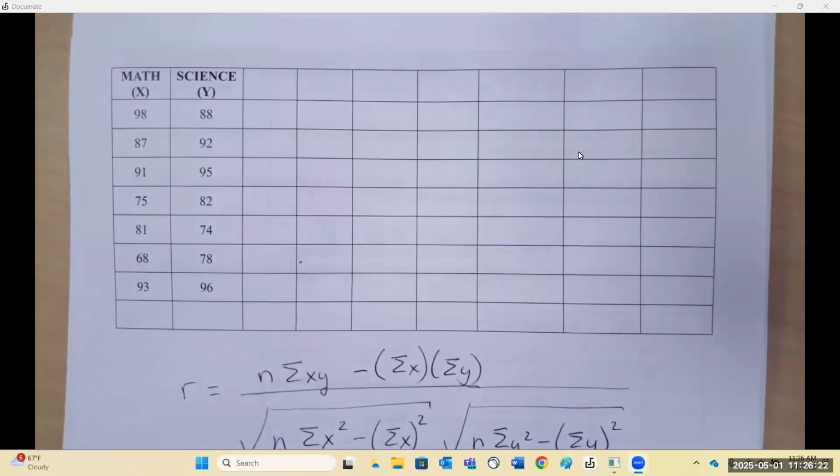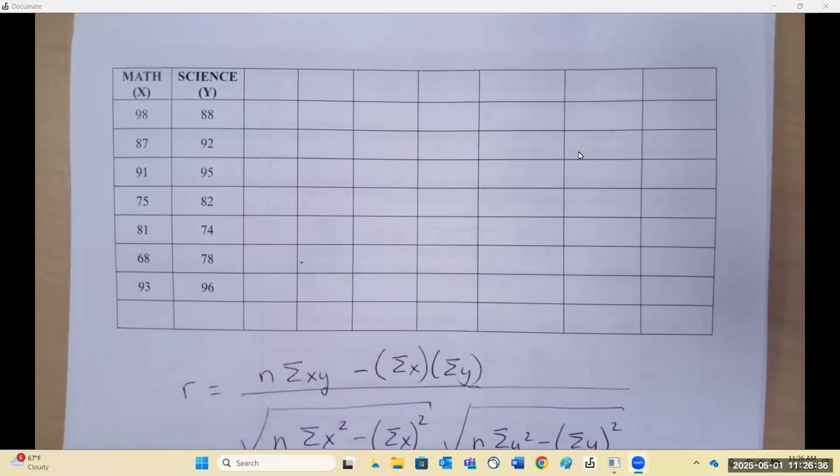So in order to do this, what do we need to find? Do we have n? What is n?